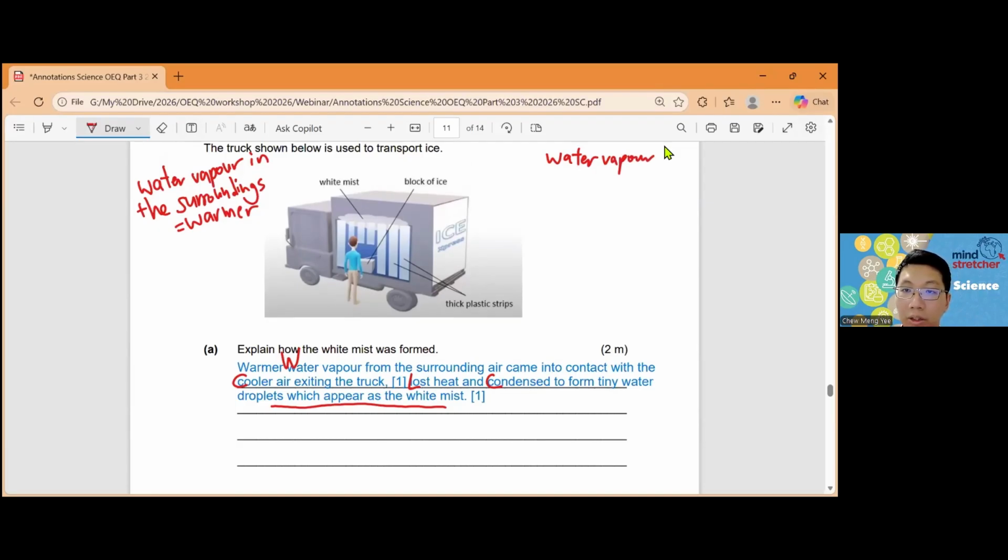Water vapor or steam, these are gaseous, means they are gases, and they are invisible. We can't see them. While mist refers to water droplets. It is in the liquid state. It is visible.